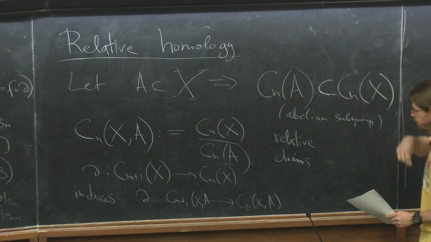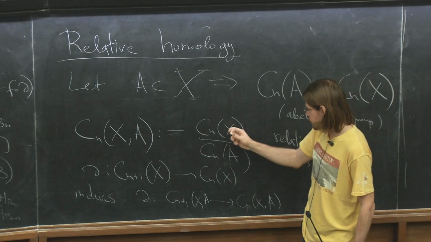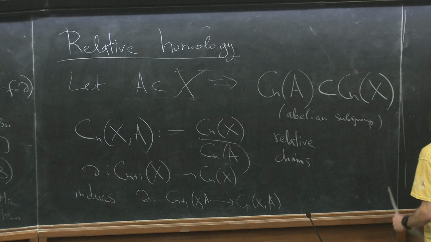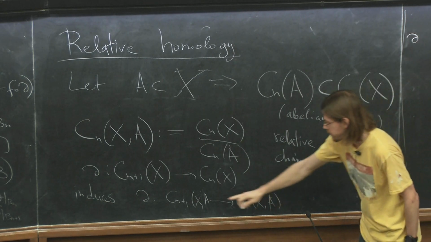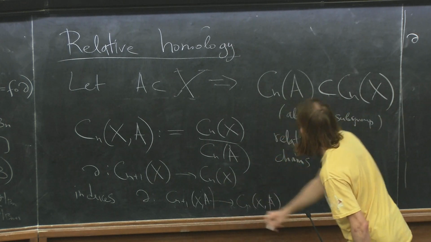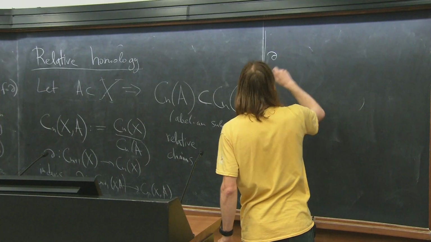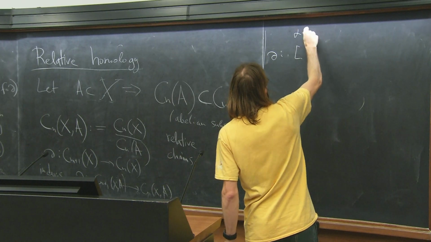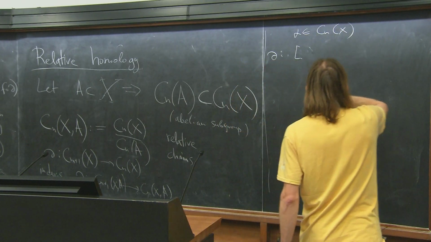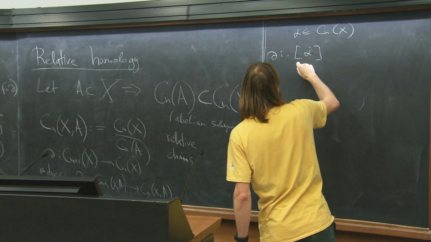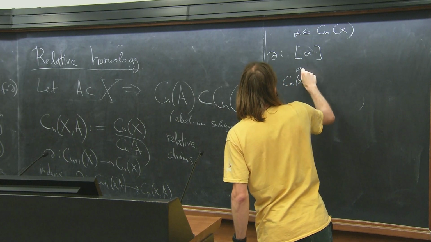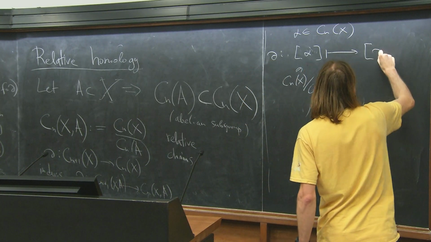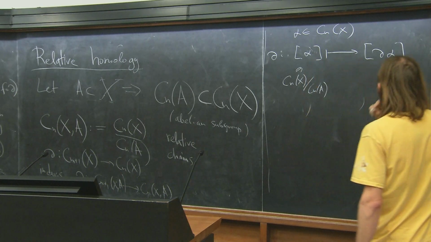The elements of this quotient are singular chains, elements of Cn of X, modulo elements in Cn of A. So consider some class of alpha in Cn of X. We define d on the quotient by taking it to the class of d applied to alpha.